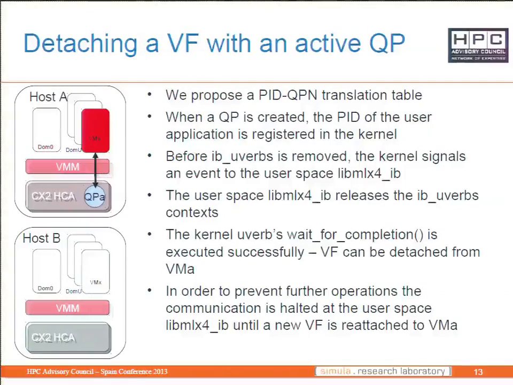Then when we try to remove it, the wait-for-completion function will execute successfully and the virtual function will be able to be detached from the virtual machine. Also, in order to prevent further operations, the communication needs to be halted at the user space.